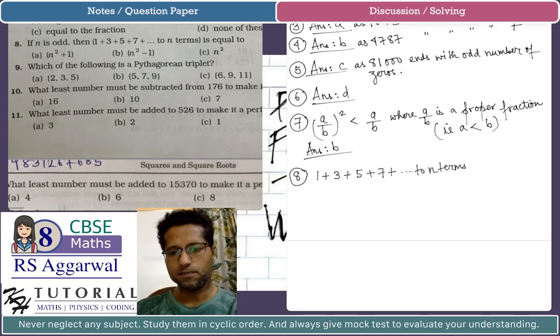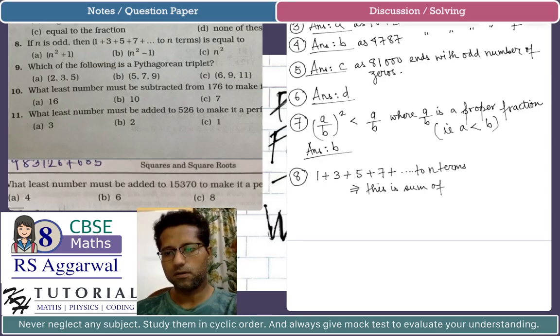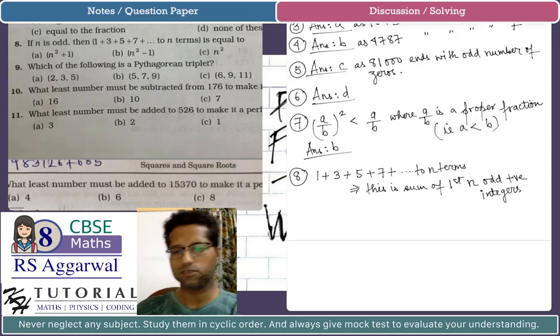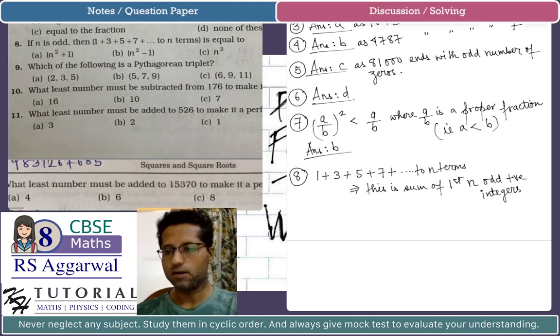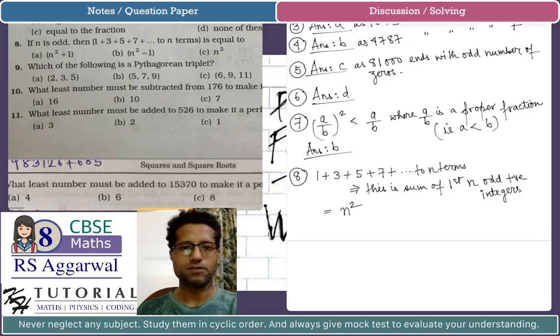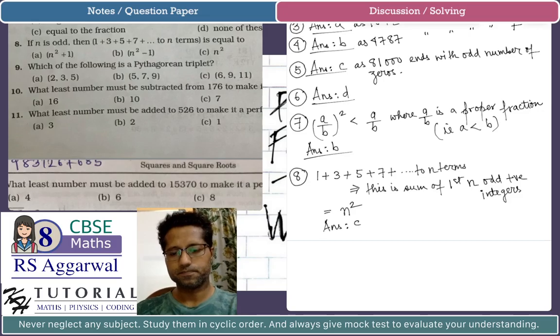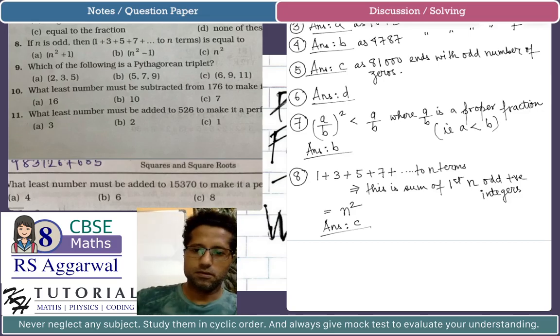This implies this is the sum of the first n odd positive integers, and we know a formula: its value is n square. So the answer is choice C.